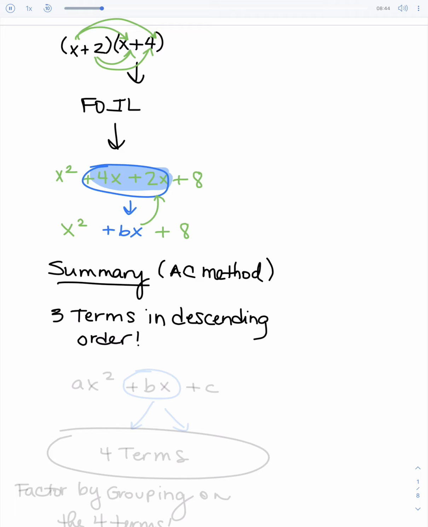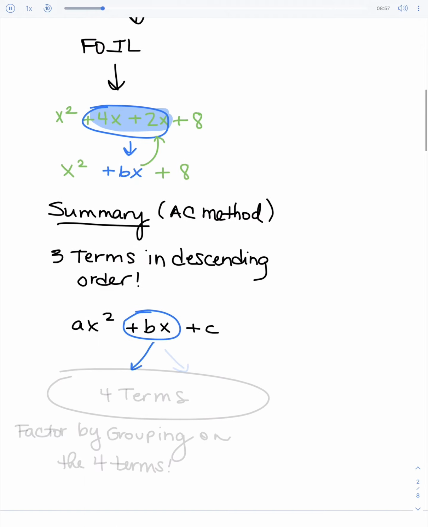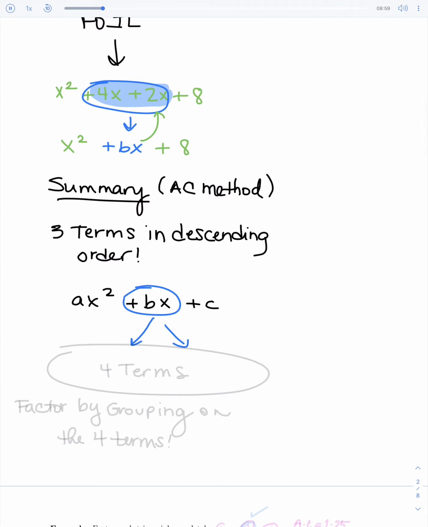And what it has to do with is you have to break up your middle term, so you'll have an ax squared plus bx plus c, and you'll use your a and your c to break this up into 2 pieces so that you'll end up with, when you're all said and done, something with 4 terms.